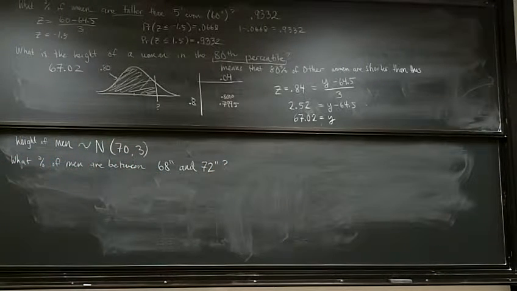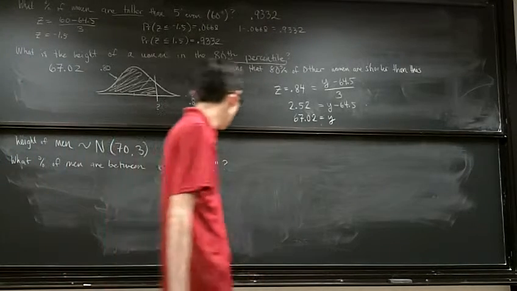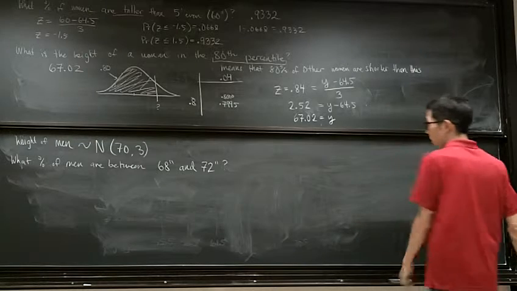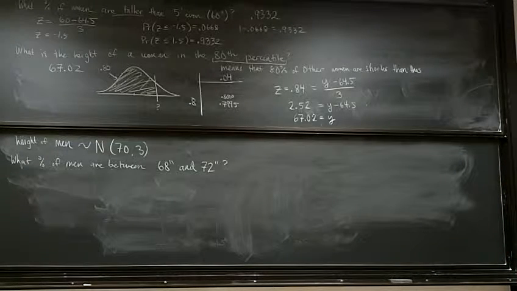What percentage of men are between 68 inches and 72 inches? So 5'8" and 6' even. If the height of men is normally distributed with mean 70 inches and standard deviation 3 inches.